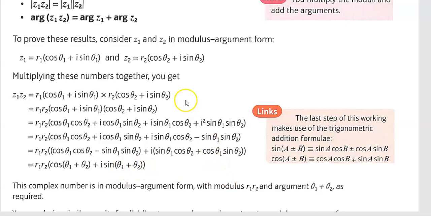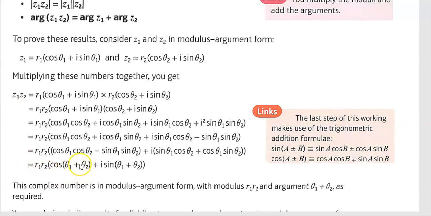As I said, go through that in your own time, but the result is when you multiply two complex numbers in modulus argument form, you multiply their moduli and you add their arguments. I'll say it again. When you multiply complex numbers in modulus argument form, you multiply their modulus and you add their arguments.